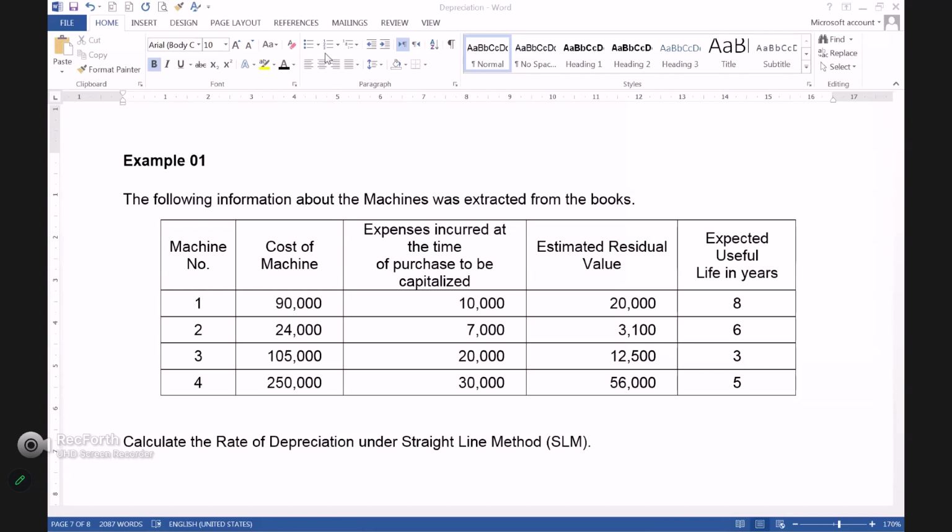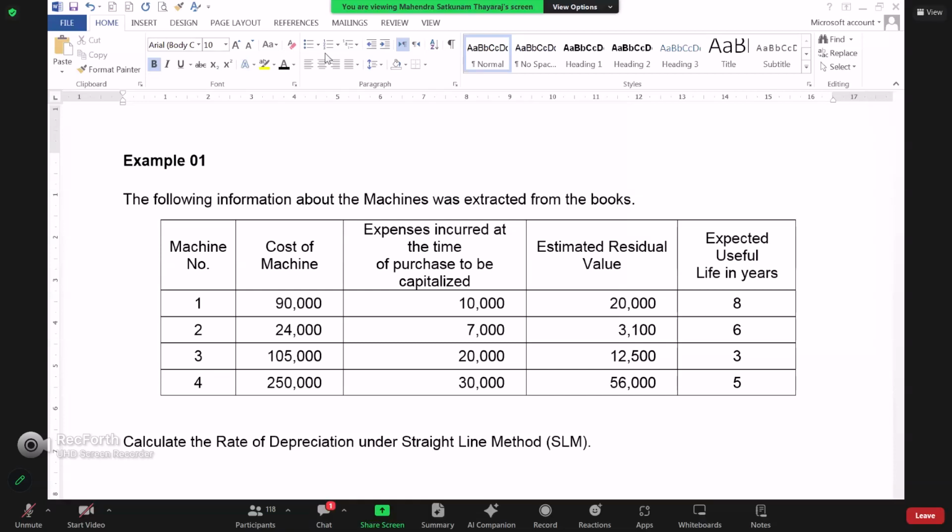You can send the answer in the chat box, machinery one depreciation. Okay, some people sent the answer. No answer from the others.